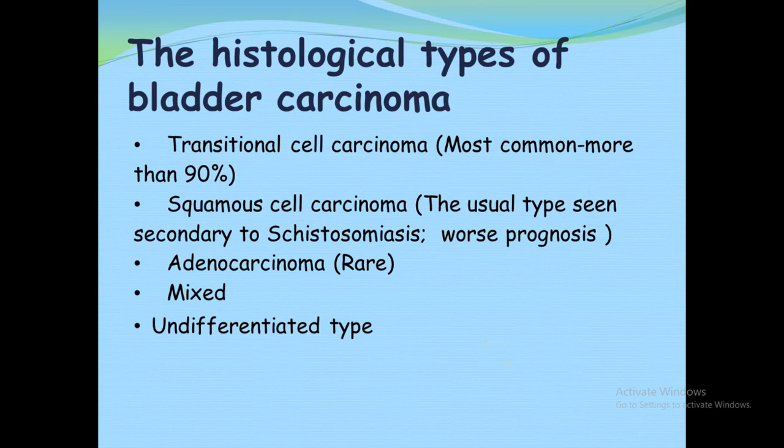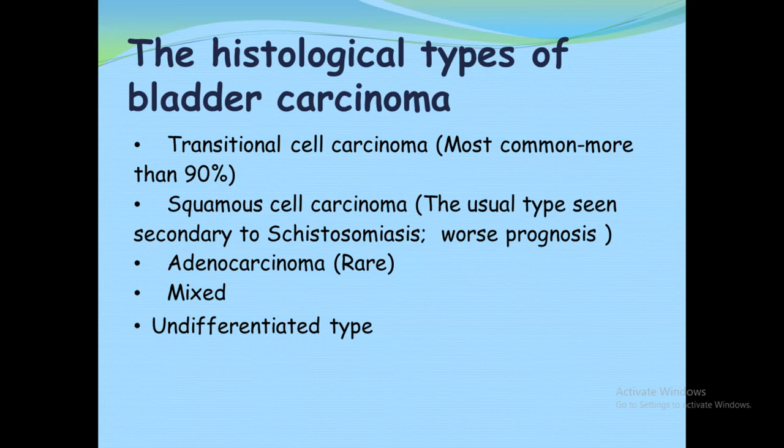Regarding histological types, we have generally three main types. Transitional cell carcinoma is the most common type, accounting for about 90% of all cases of bladder cancer. We have squamous cell carcinoma, more commonly associated with schistosoma infection. This carries a worse prognosis.